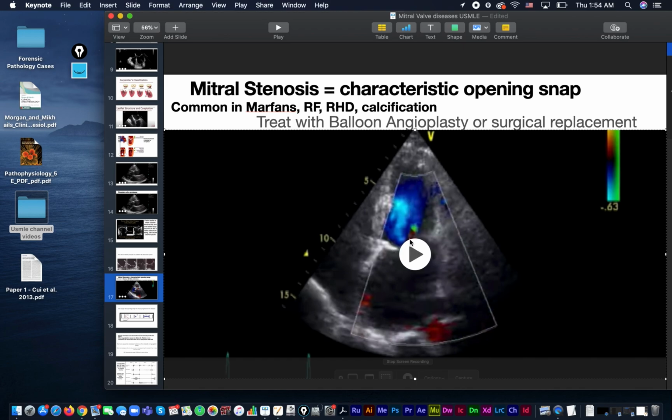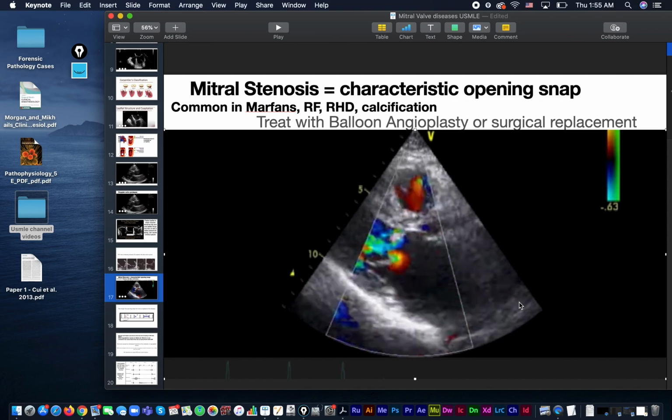And because let's say you have a calcified mitral valve, and the pressure in the left ventricle at this point is... let's see.